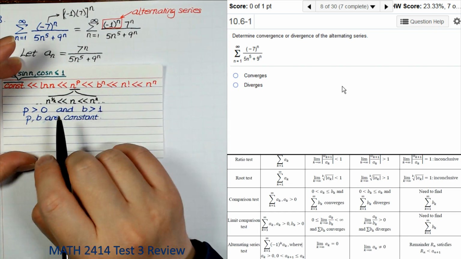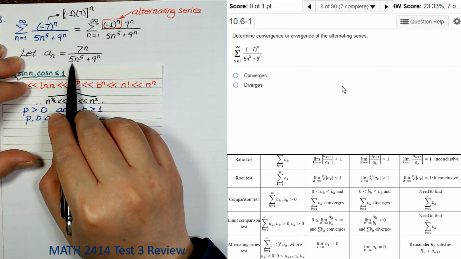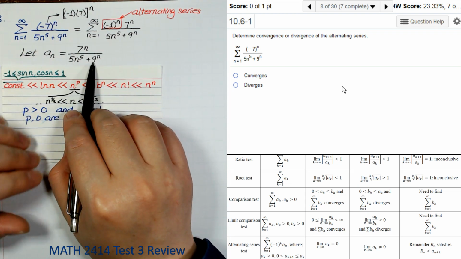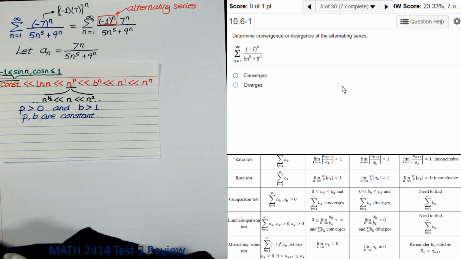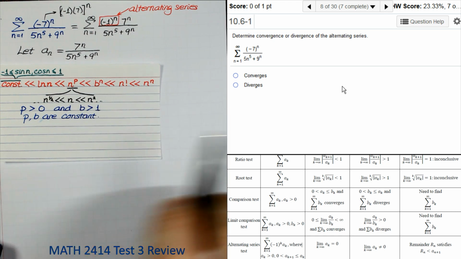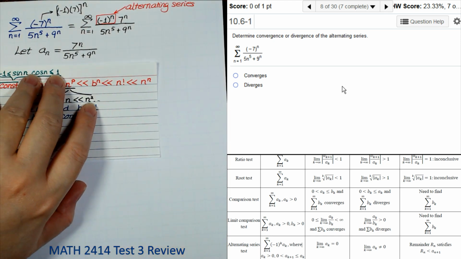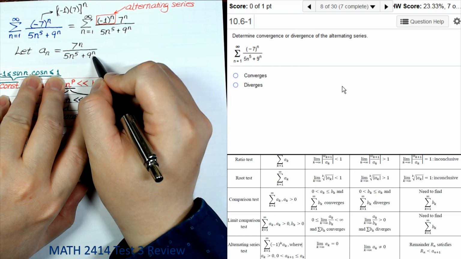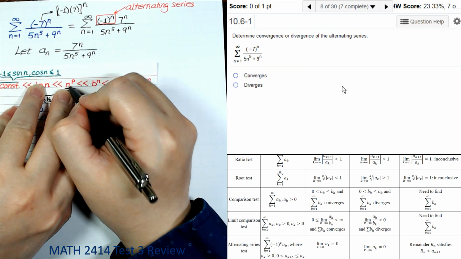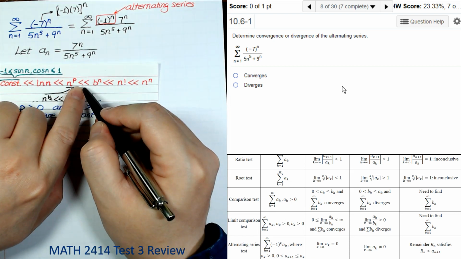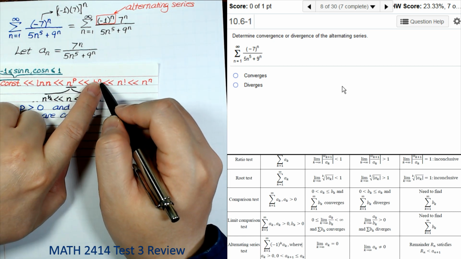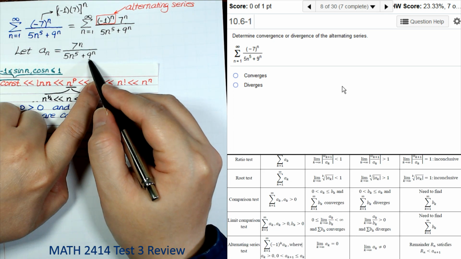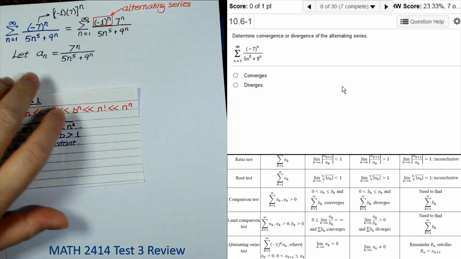Let's look at the ranking. 5 to n to the 5th and 9 to the n, which actually has the higher ranking? Right, one of them has the index at the base, one of them has the index on the exponent. The index at the base is significantly less than the index on the exponent. So out of those two, the 9 to the n power is a lot bigger than this.